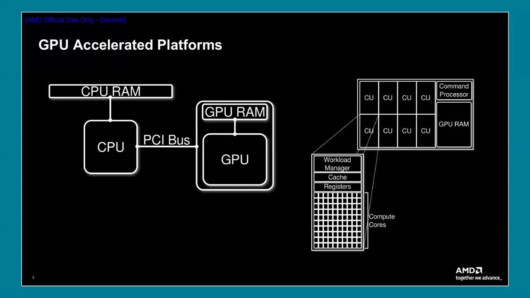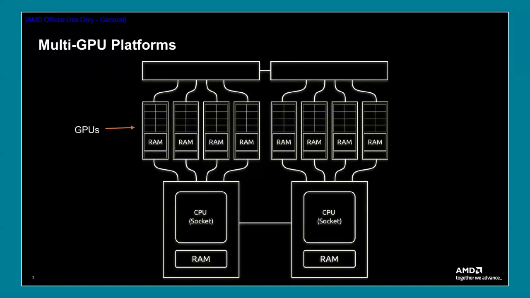Now, when we get on multi-GPU systems, this diagram becomes a little bit more complicated, and you'll be seeing diagrams like this showing up throughout the presentation today. But what we typically have is some array of GPUs.